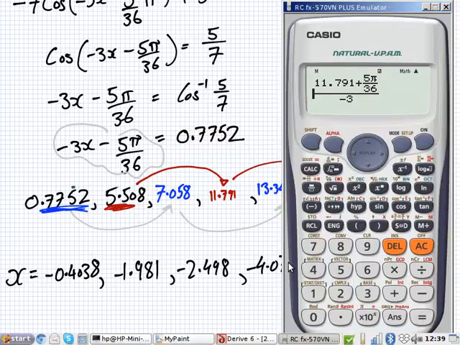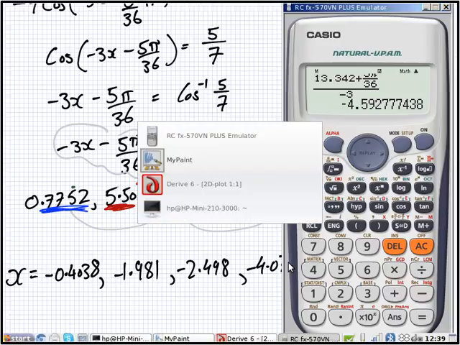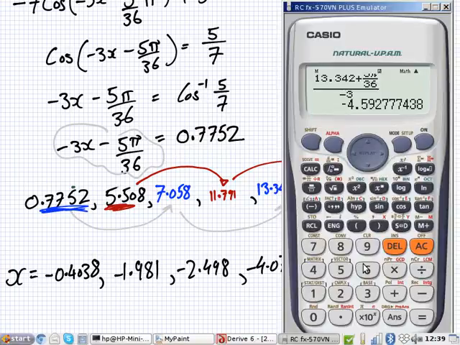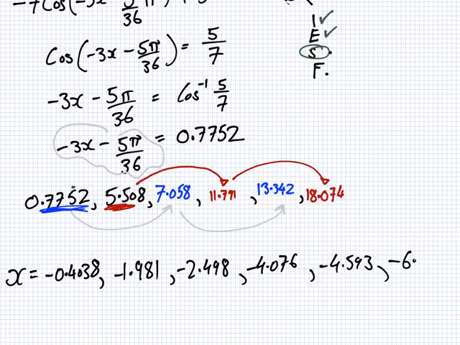Next one is 13.342, minus 4.593. And lastly is 18.074, minus 6.17. Okay, step 3 is complete. On to the final step.